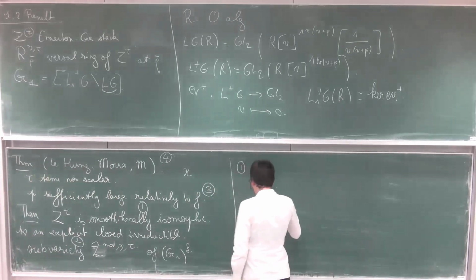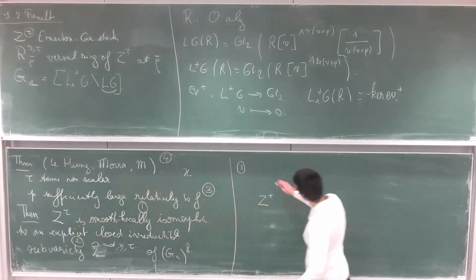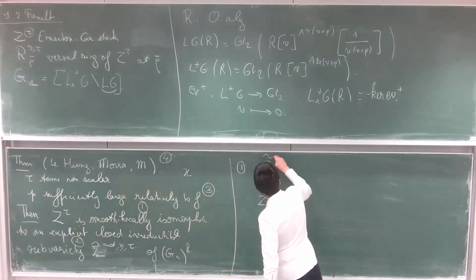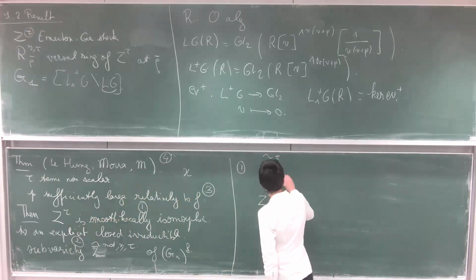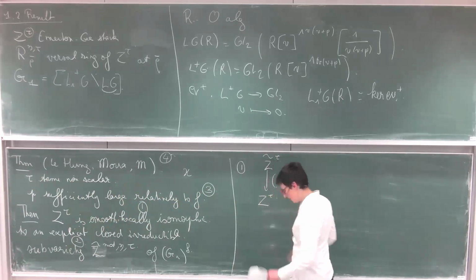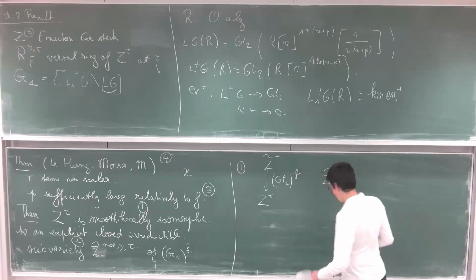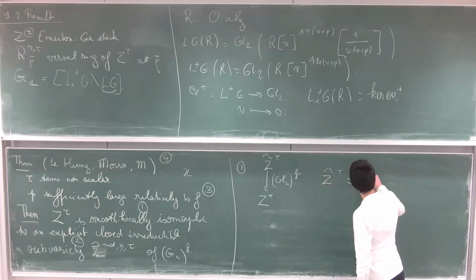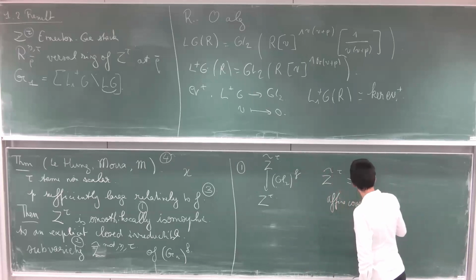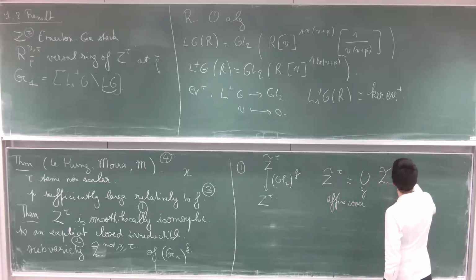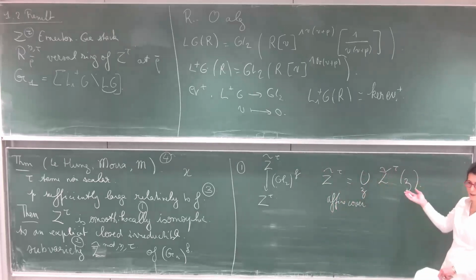So what does this mean? In fact, we construct a GL2 of F torsor of this object, and we also define an affine cover of it. I will define later how we define this object.